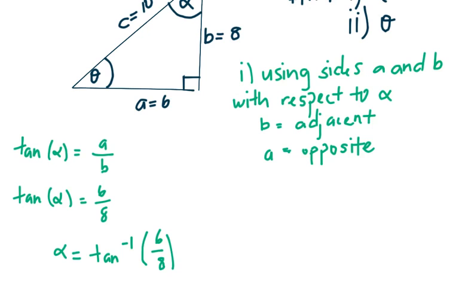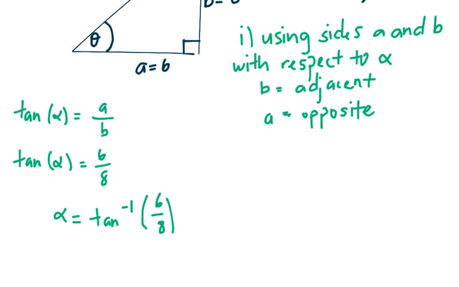And now you go to your calculator and find the inverse tan function. You plug in 6 over 8, and that should give you an answer in degrees for alpha. Therefore, alpha is going to be equal to 36.87 degrees, of course, to 2 decimal places.